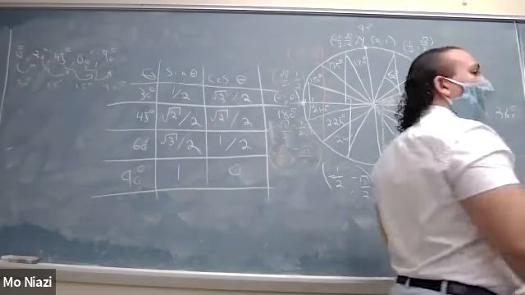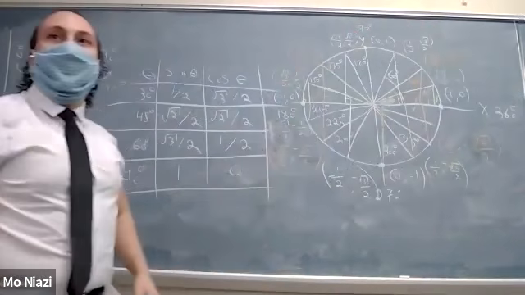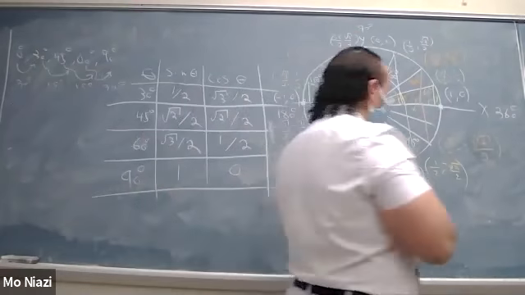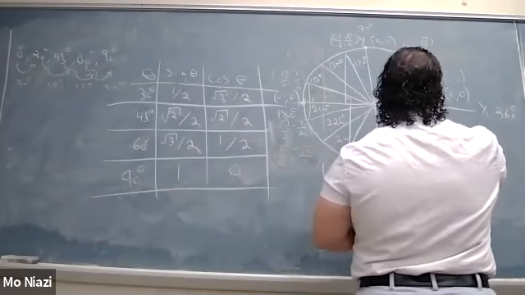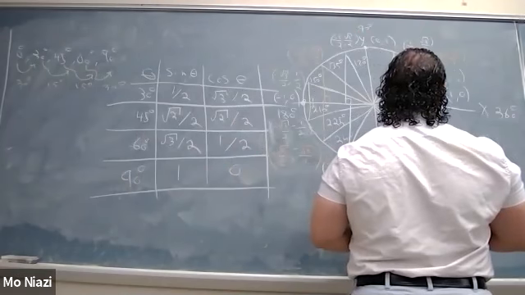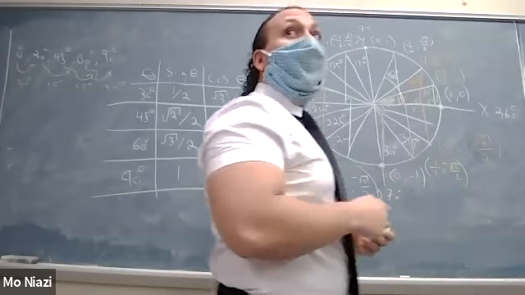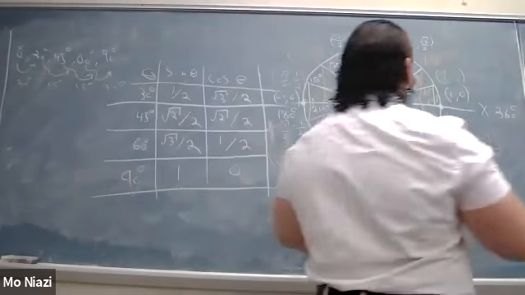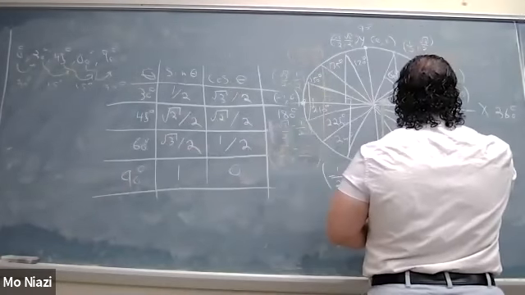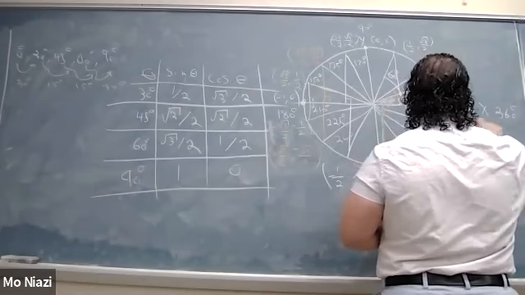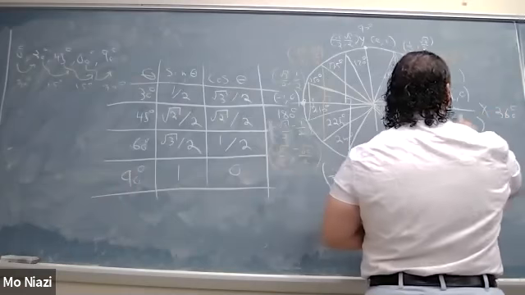Why? Okay. Last but not least, what is this angle? I need some colors. 330. And what are the associated sine and cosine values? Square root of 3 over 2.